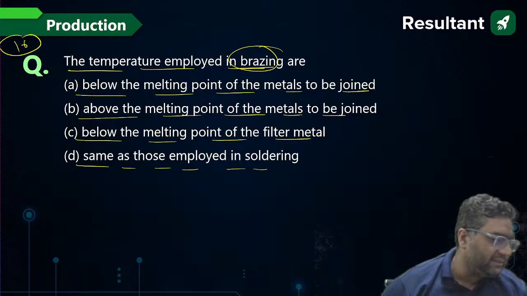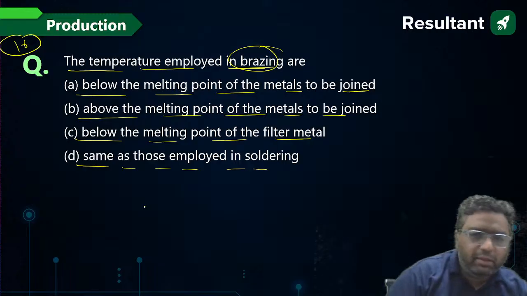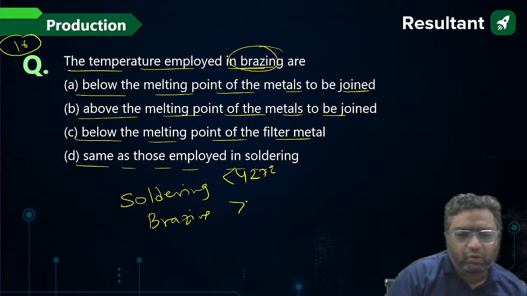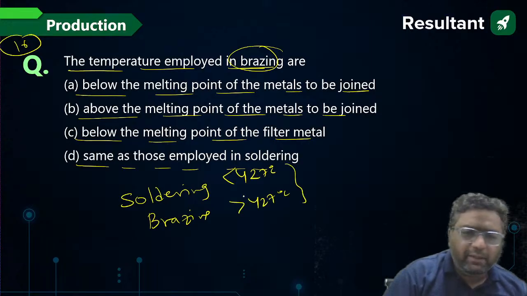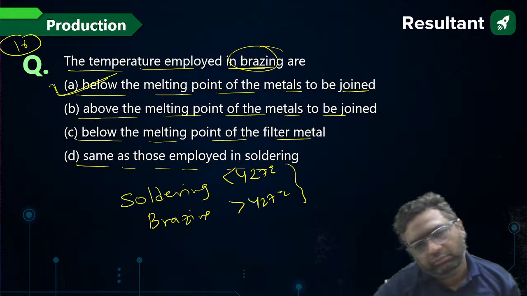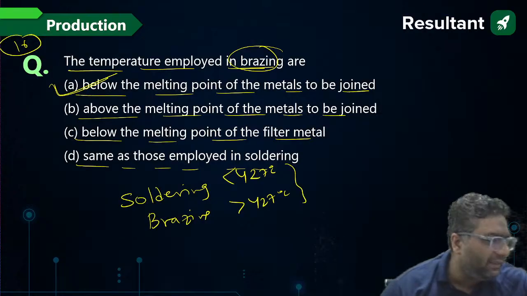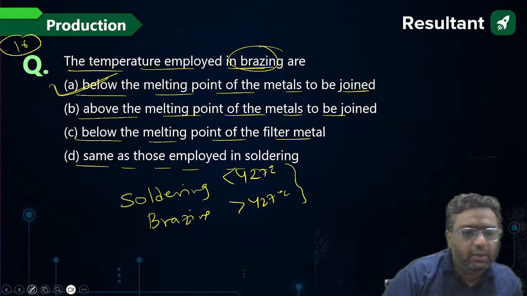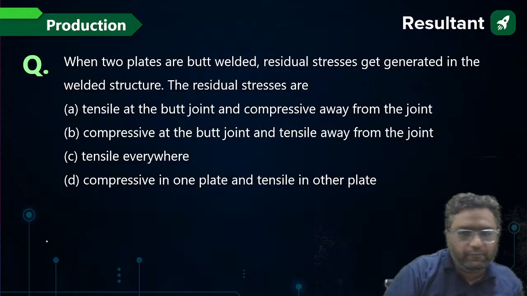If you see this question, guys, if you remember, in soldering we heat at less than 427 degrees Celsius, and in brazing more than 427 degrees Celsius. But in both cases, it is going to be below the melting point of the metal. It is below the melting point temperature of the metals for sure. Is it clear? Yes. So the answer for this is going to be A. That's the correct answer. Moving to question number 17.